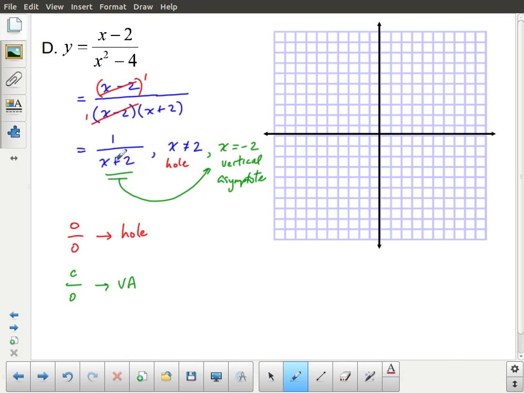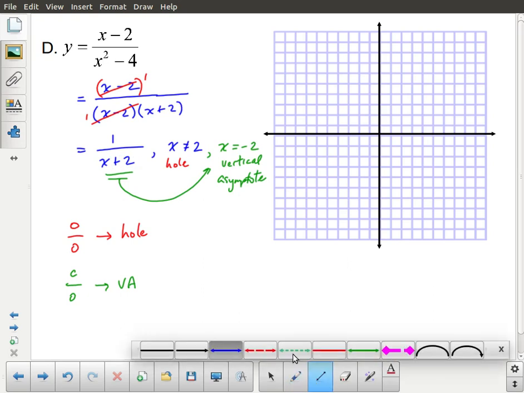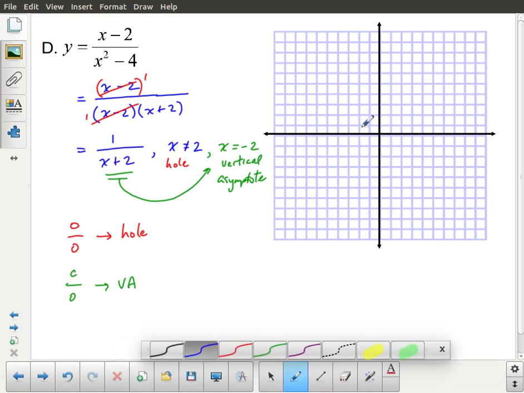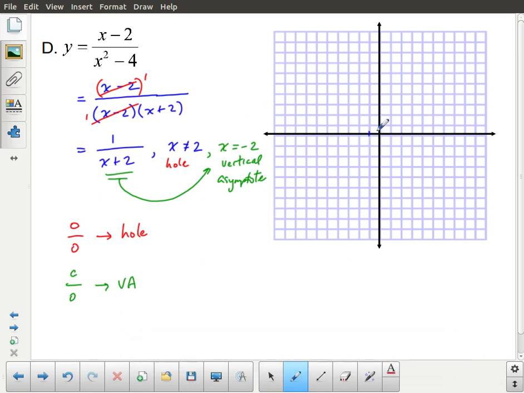So what is the graph of this going to look like? Okay, 1 over x plus 2. So I need a vertical asymptote at x equals negative 2. So once again, I'm going to put on my scale here. I think I'm going to do that small scale again.